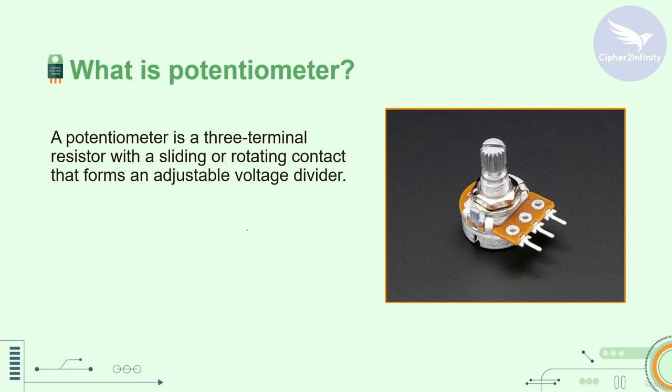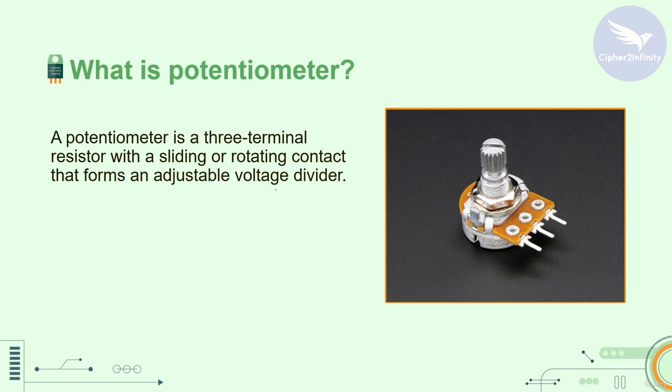But this potentiometer has a variable resistance, and the resistance value depends on the position of the knob. So the potentiometer is a variable resistor and we use this component multiple times in our designs.